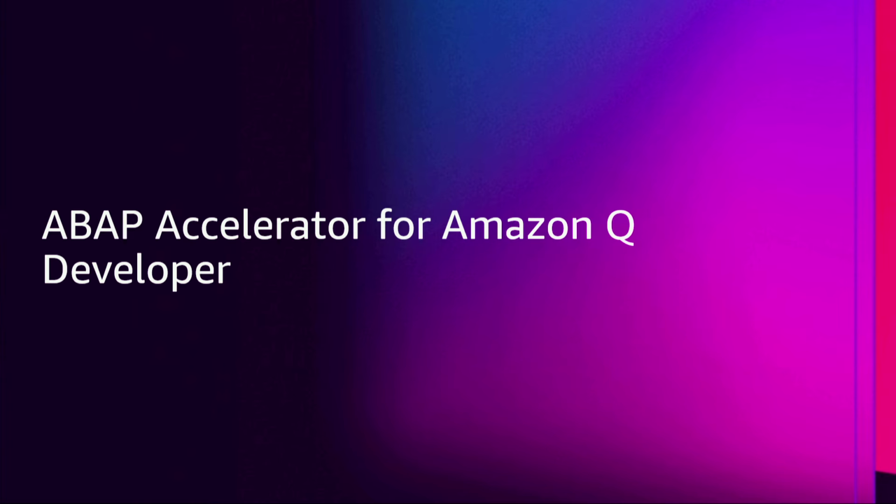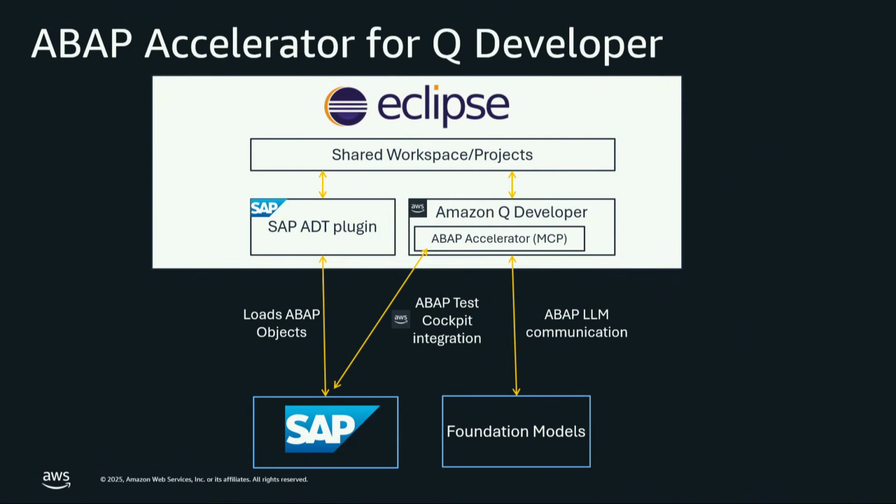For this very particular reason, we developed a solution called ABAP Accelerator, which takes care of this entire workspace. How exactly ABAP Accelerator works is that it's an extension to Amazon Q Developer. It's an MCP server-based extension which leverages ADT APIs to do the syntax checks, to compile the ABAP code, and push the code into the SAP system.